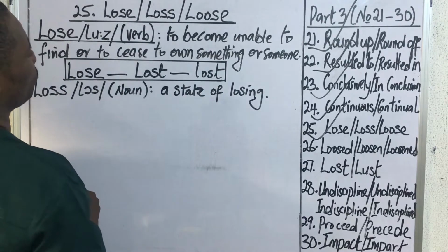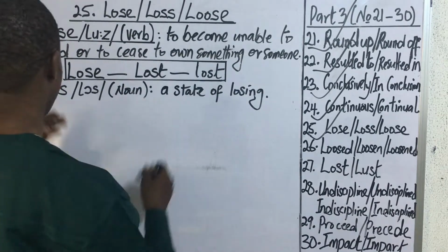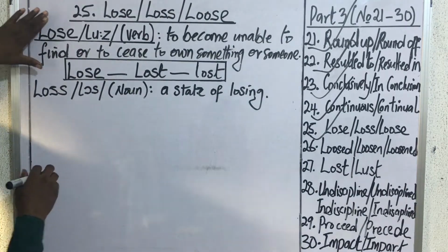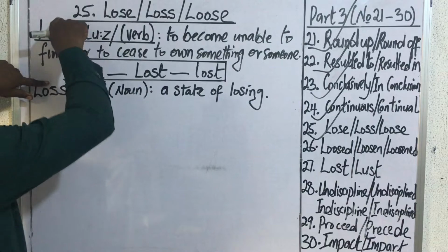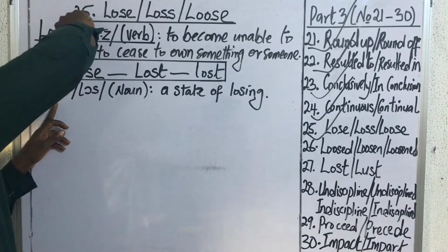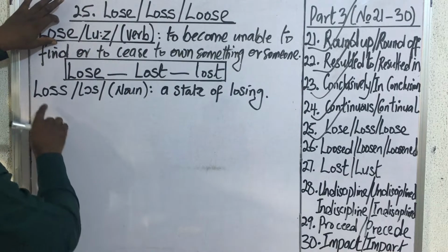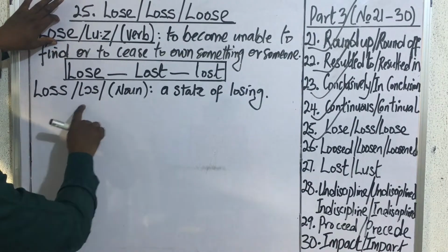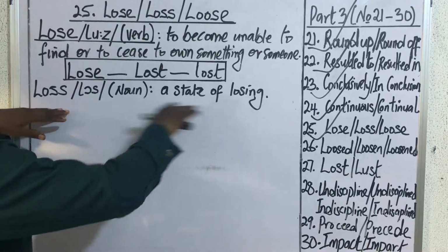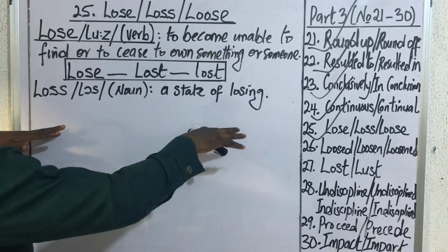Good. So this is what happens. When we get to the usage, we are going to try to explain vividly how people conflict this word for this. And they will pronounce this instead of pronouncing this. They will say loss, and they are actually pronouncing this, which is the noun. And they will now use it as a verb. We shall get there and try to show some examples.